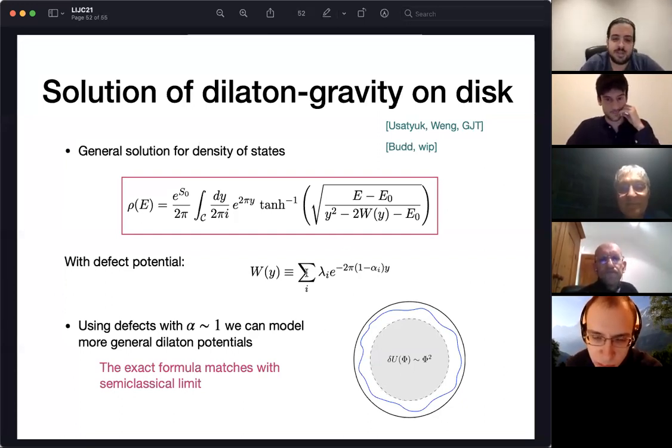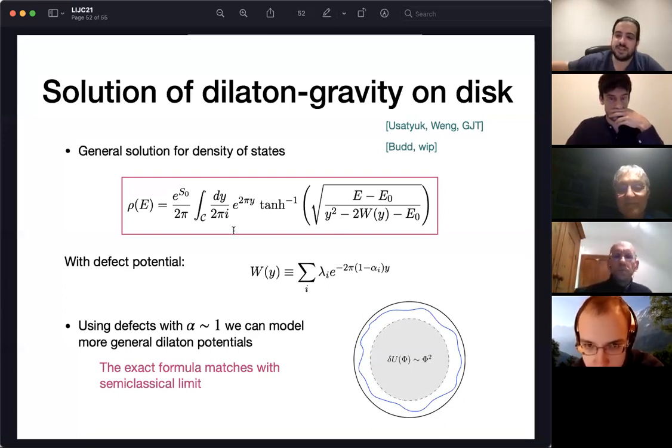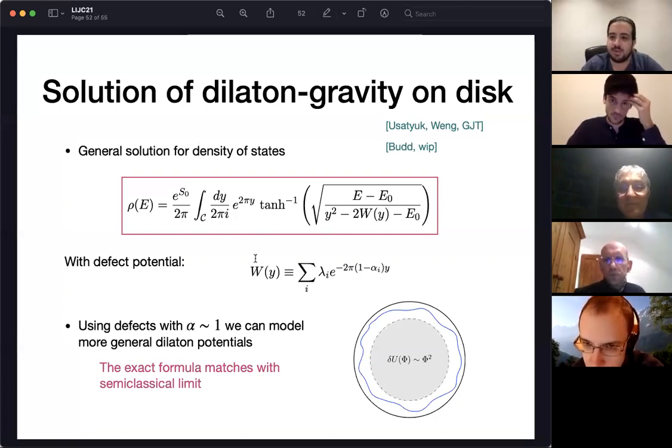But the problem is that if you put W some polynomial, some power, I get some branch cuts that go to infinity in the wrong direction that make this integral ambiguous.